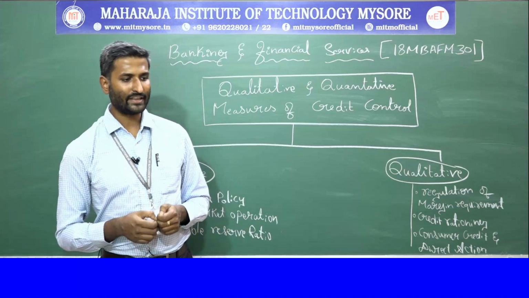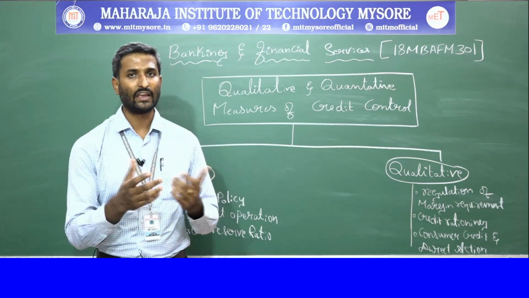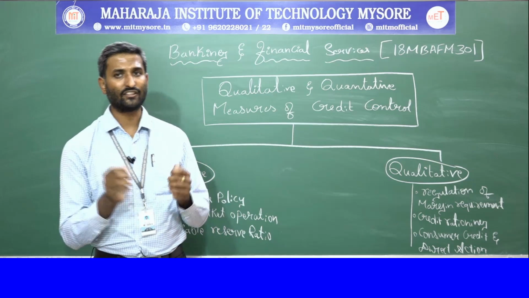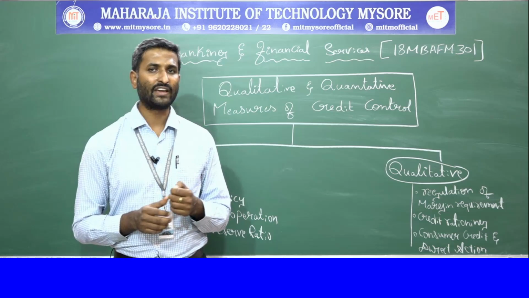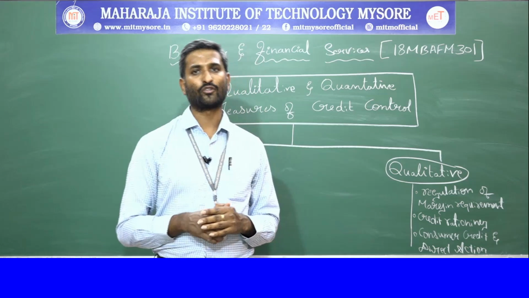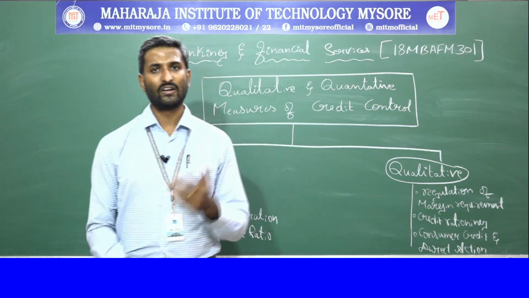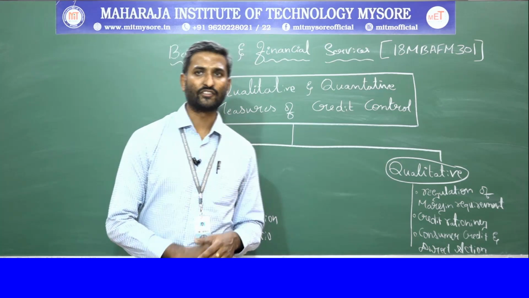For example, in the case of financial institutions or cooperative banks, there may be cases where they fix the ceiling amount for giving loans and advances. So it is only applicable in the special cases we discussed.